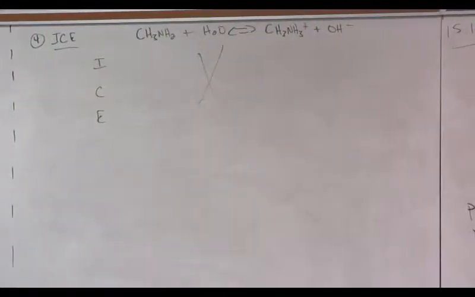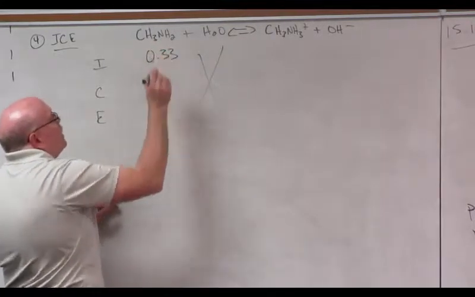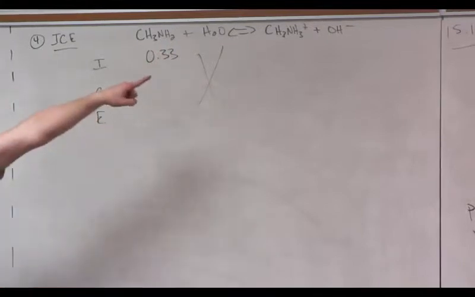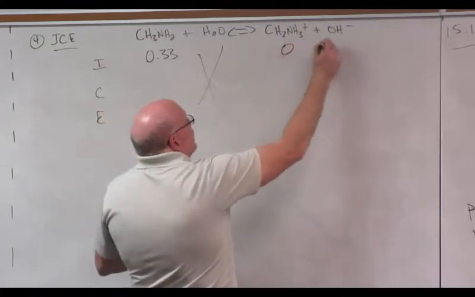We're starting with a 0.33 molar solution of the methylamine. That means this was 0.33. We assume none of the original products were present, so zero these out.